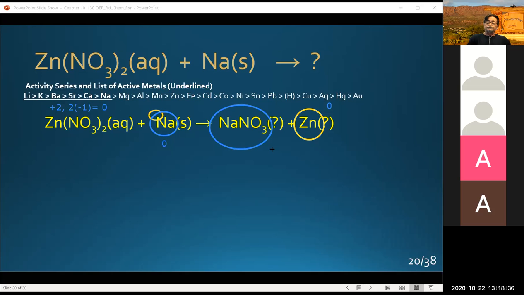Sodium nitrate. What is the oxidation number of that sodium when it is bonded to the nitrate? It should be a -1, right? Oh, wait. No. It should be +1. Yes, okay. Metals would never be a negative number. Why?